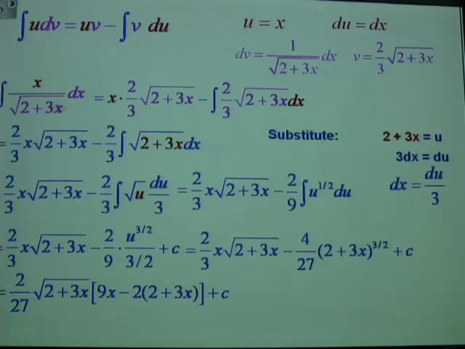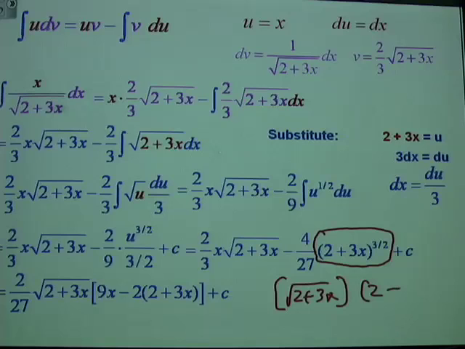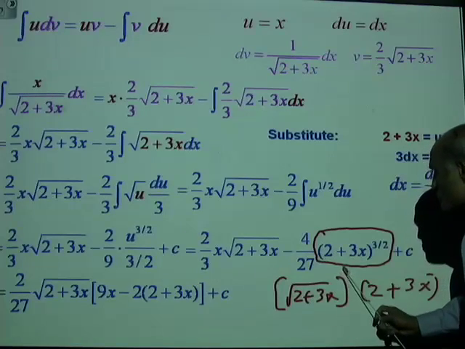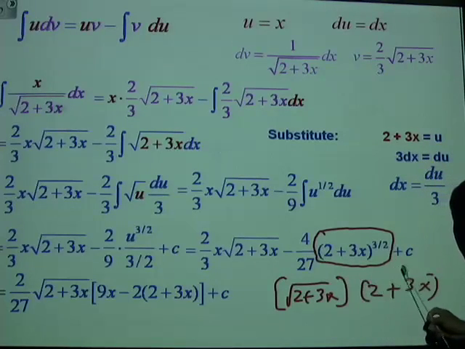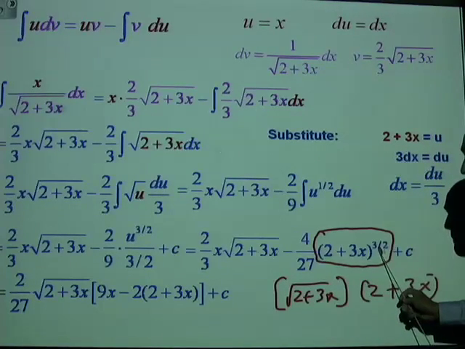You see, this quantity 2 plus 3x to the power of 3 over 2 is actually square root 2 plus 3x times 2 plus 3x. Because square root 2 plus 3x is to the power of 1/2. 1/2 plus 1 is 3/2.